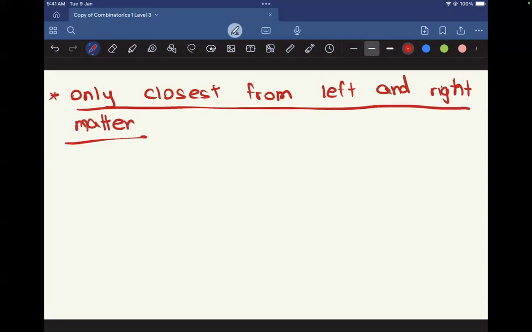If this much is clear, now there are some cases. Let's take 3 cases. In the first case, David is over here and there is no teacher on the left. This is basically position 1, there is no teacher on the left, and there is one teacher at position X. The second case is David is over here and there is no teacher on the right-hand side.